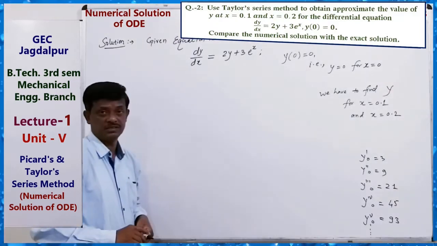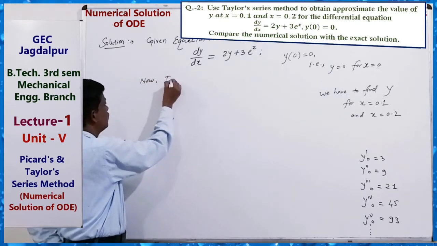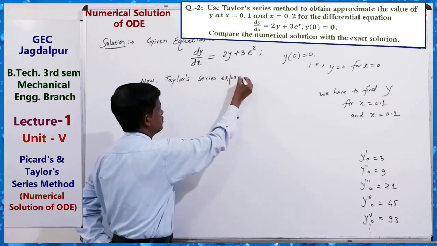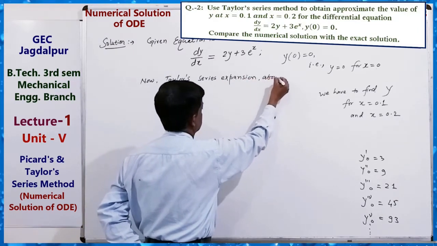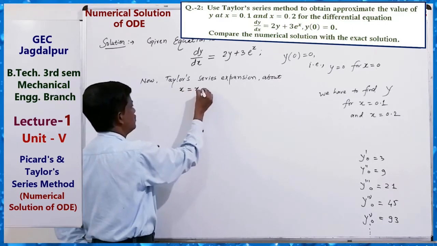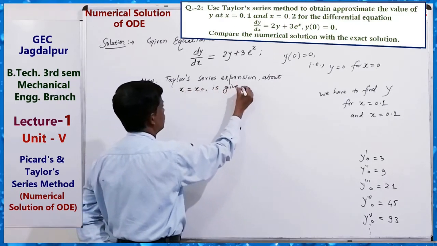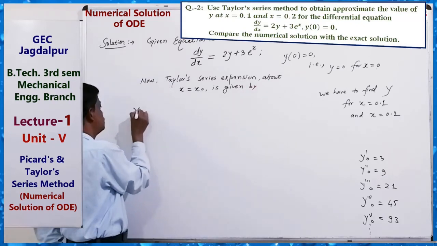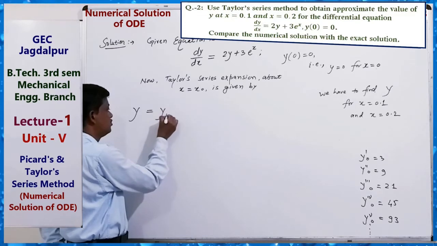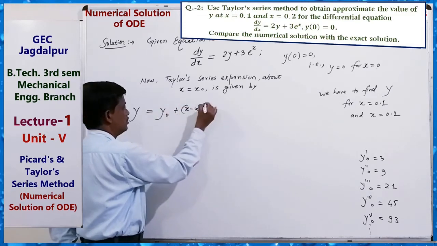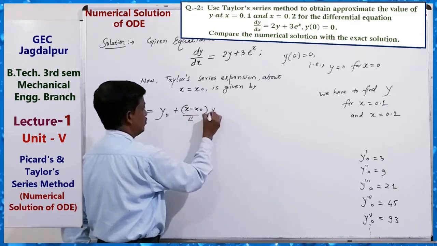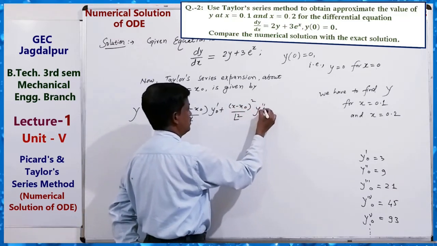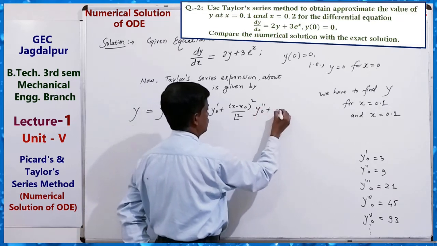Now write the Taylor series expansion about x equals x0, which is given by y equals the first value y0, plus (x minus x0) upon factorial 1 times y dash 0, plus (x minus x0) square upon factorial 2 times y double dash 0, and so on.